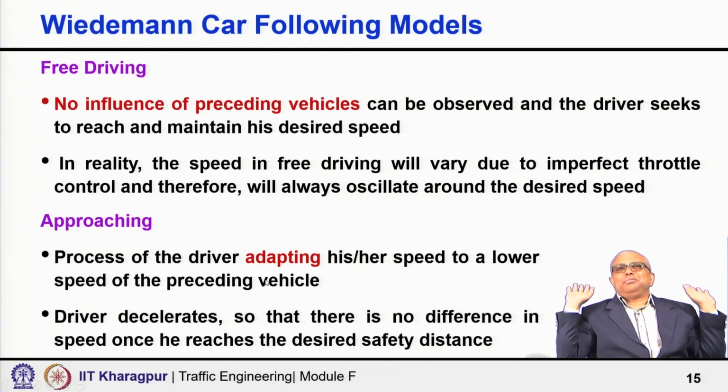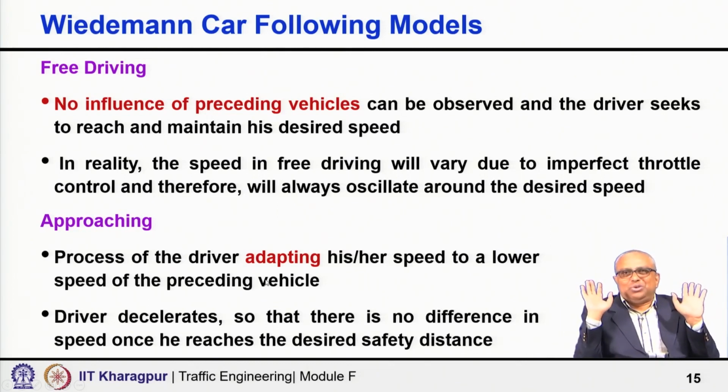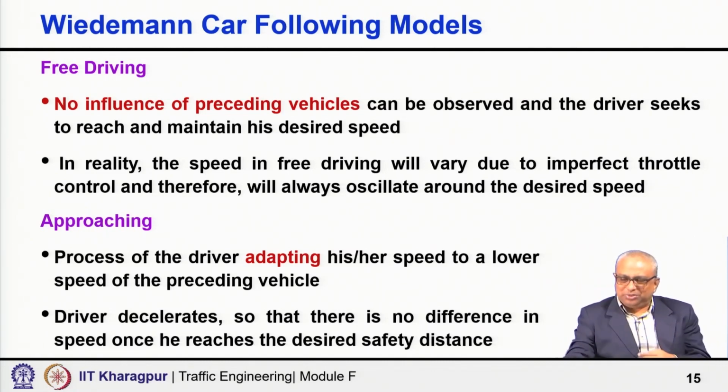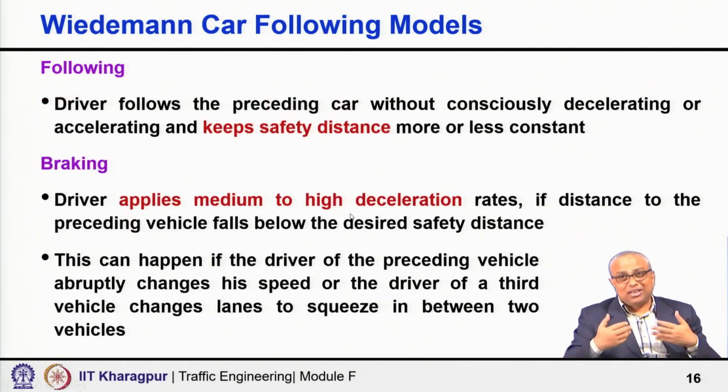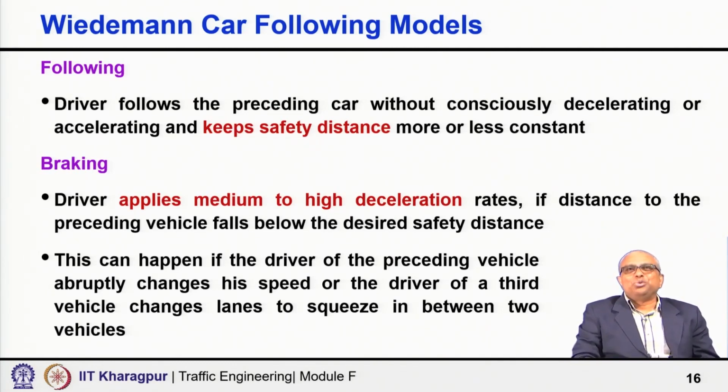So, free driving, do not bother, no influence of preceding vehicle, and then vis-a-vis I am approaching. The third is, now I have reached, so I am in the car following state. The driver follows the preceding car without consciously accelerating or decelerating and keeps the safe distance more or less constant.